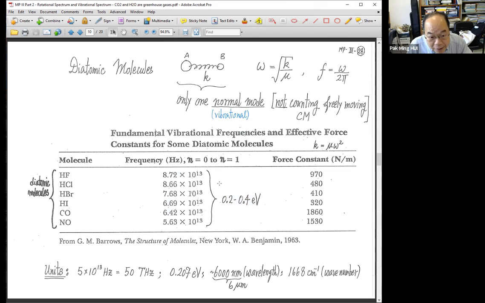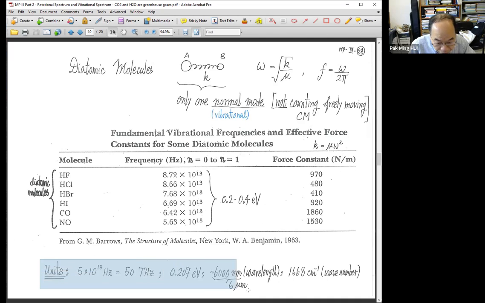And using this, you know the mu, so after I give you HF, you know the mu, you can estimate the spring constant. And this is the spring constant of a chemical bond, the order of magnitude.